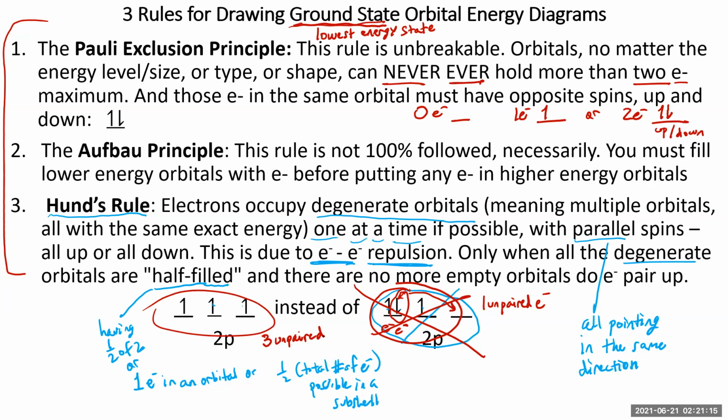Now, don't start putting electrons by themselves all over, across different energy levels. It doesn't work that way. Within a single subshell, within a single energy level, this is what you do. You maximize the number of unpaired electrons. Unpaired simply means the electrons have no pair. They have no partner inside the orbital with them. Unpaired.